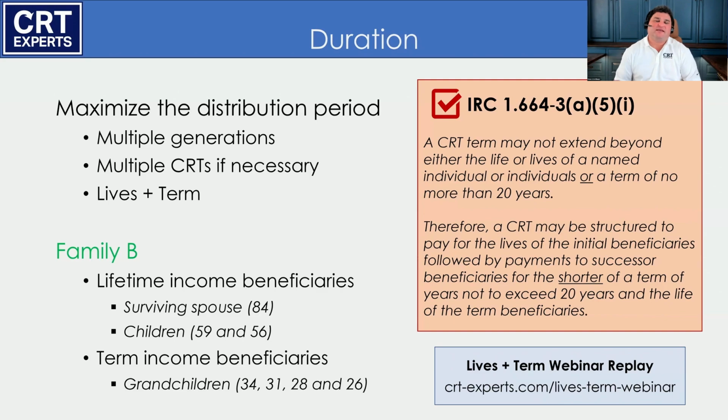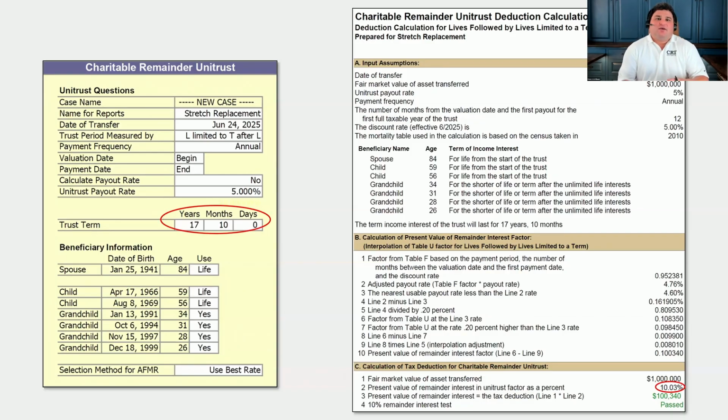But most likely, in these cases, just based on life expectancy, the term beneficiaries are expected to significantly outlive that successor term. So when we are figuring out what's the maximum payout rate, we're typically going to put that at 5% to allow for the maximum term.